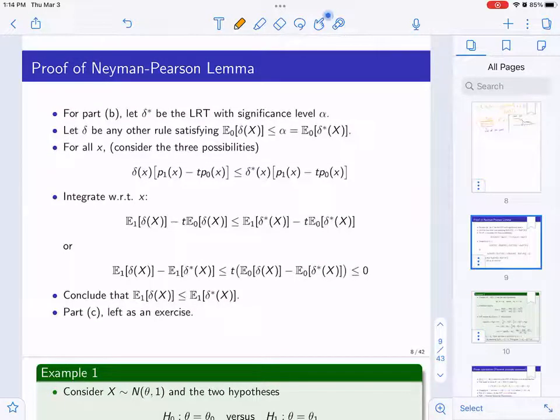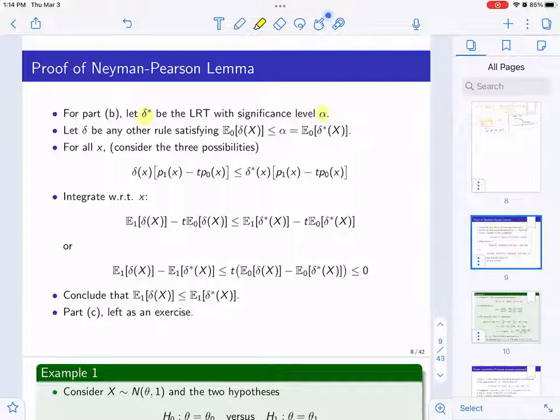This is the formal proof for the most powerful part. In order to do the proof without worrying about the validity of the Lagrange multiplier approach, the claim is that the likelihood ratio, so let delta star be the likelihood ratio test of significance level alpha.